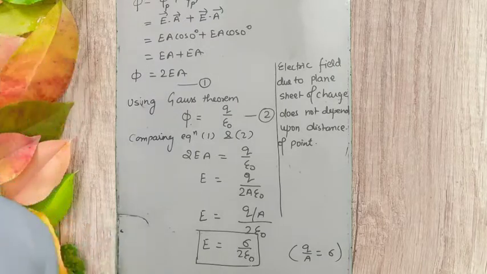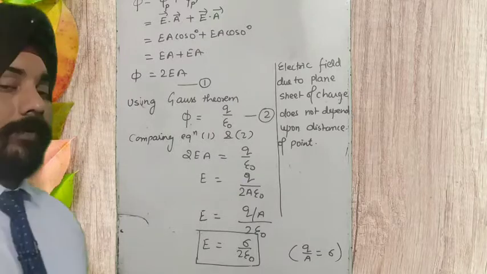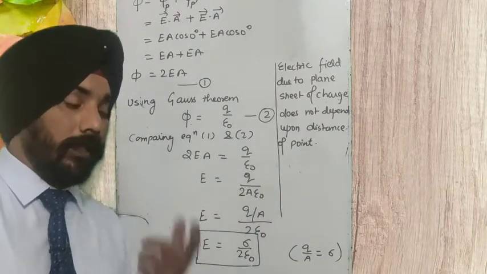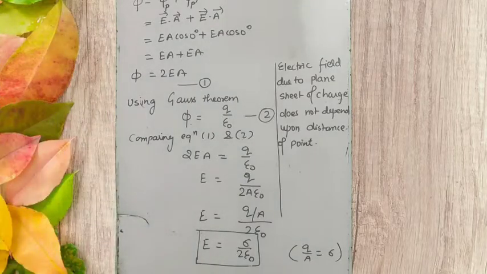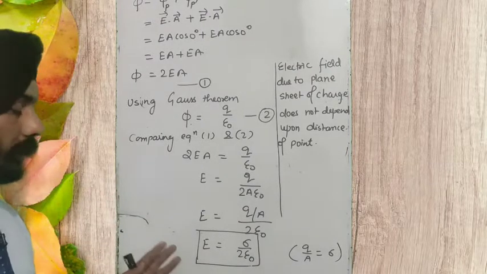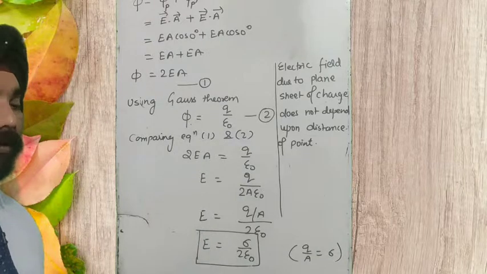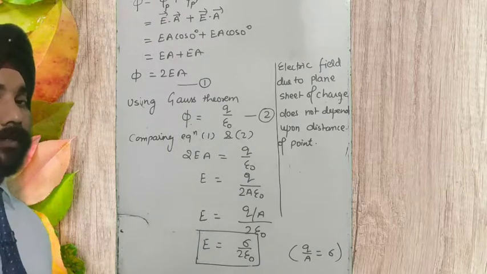So this was the application of Gauss theorem to a plane sheet of charge, if we distribute the charge over the area of any object. In this way we are calculating, and always remember you need a Gaussian surface to apply the Gauss theorem.